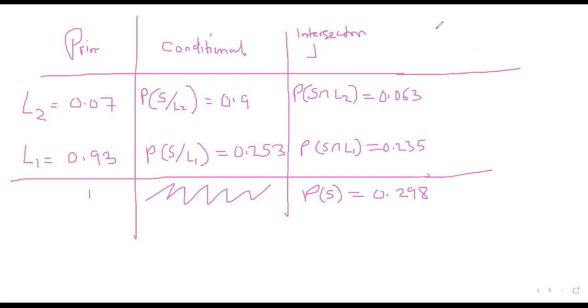And what is our next column? The posterior or the revised. So this one will be the opposite of this. A smoker, lung disease coming from the smoker.